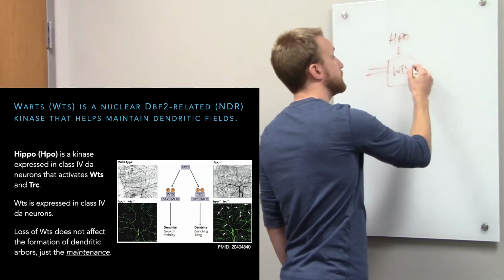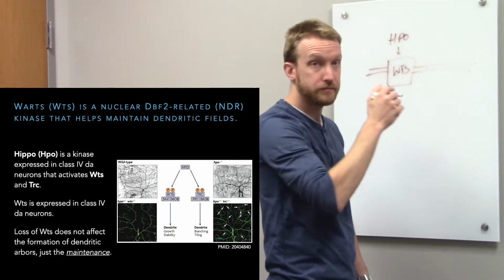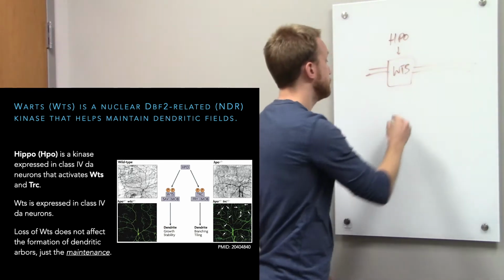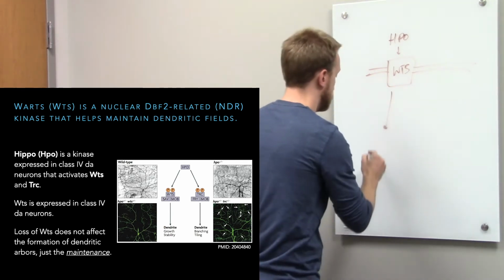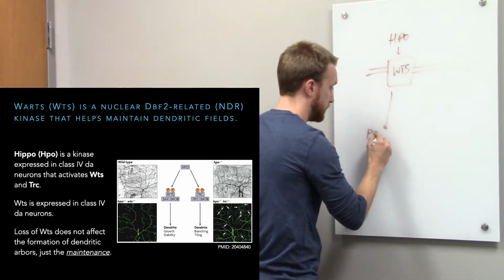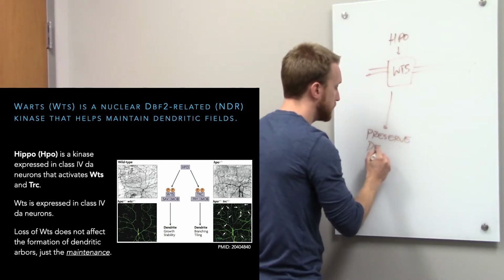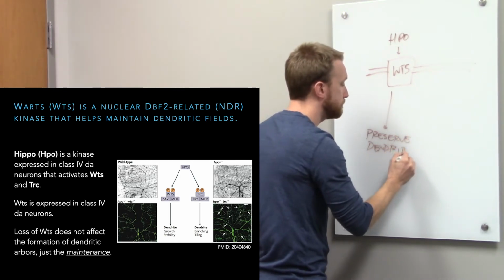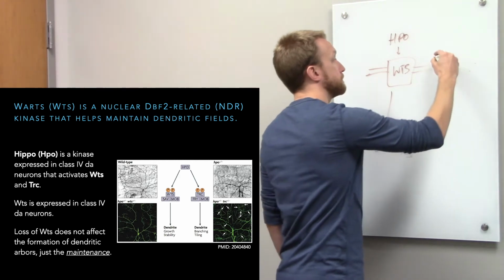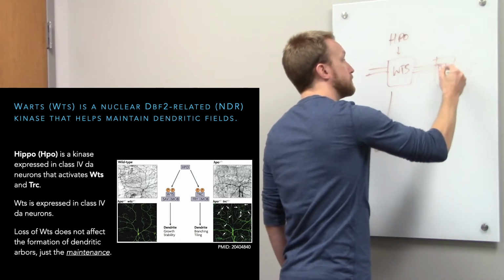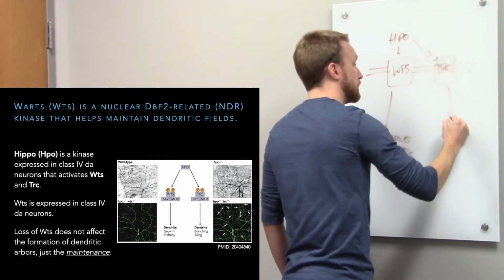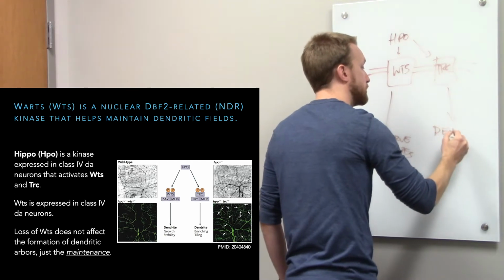Warts is going to be the receptor that HIPPO binds to, and this is going to then preserve our dendrites. We don't think that it really plays a role in making them. TRICORNERED, we think, helps a whole lot with the actual dendritic tiling.